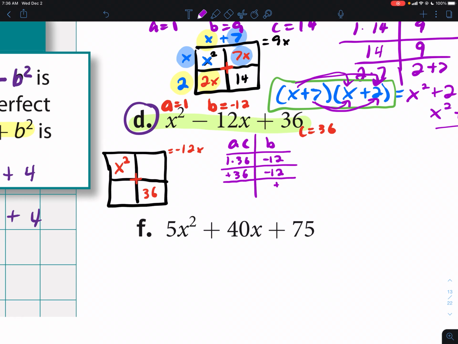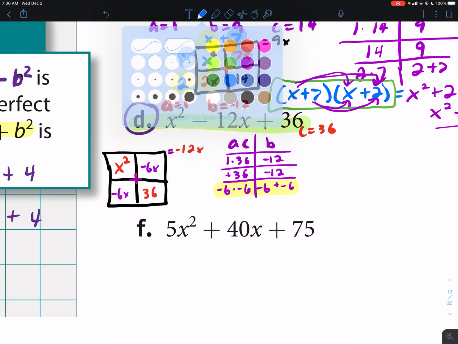So 36, and you could run through some here, but I feel like the most obvious answer is going to be negative 6 times negative 6. And then if you add those together, we get negative 12. So the numbers that we're going to use inside the box here, negative 6x plus negative 6x equals negative 12x.